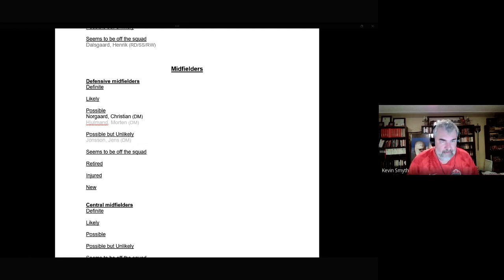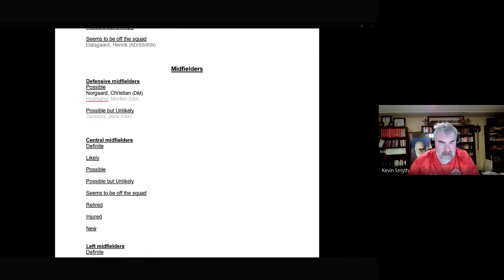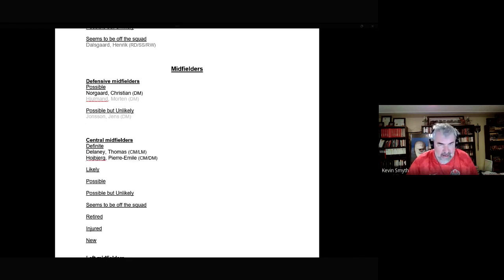So let's continue on with central midfielders before we summarize the position. And it's really central midfielders who start more often. Thomas Delaney we have as a definite candidate. And Pierre-Emile Højbjerg, also a definite candidate.